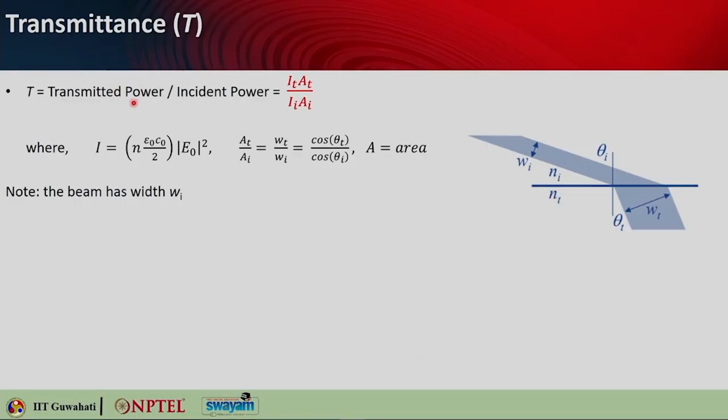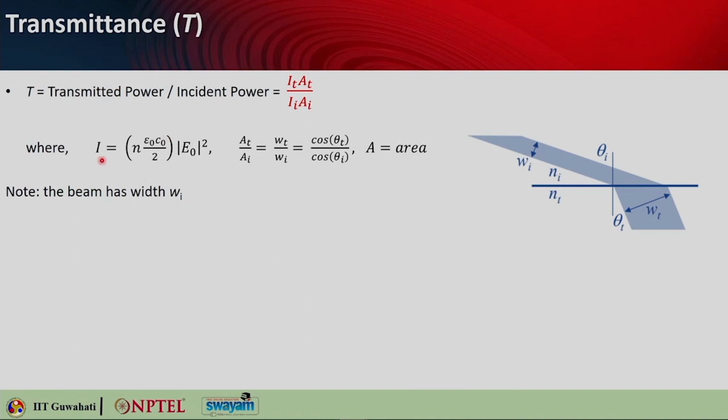This is transmittance. This is basically the ratio of the transmitted power over the incident power. In terms of intensity, it is I_T, the transmitted intensity, multiplied by A_T, the area of the transmitted beam, over I_I times A_I.